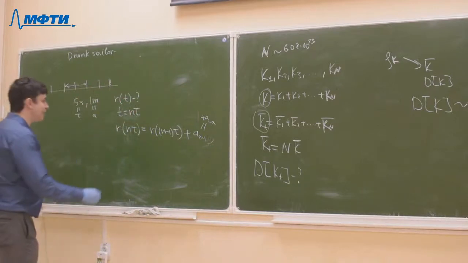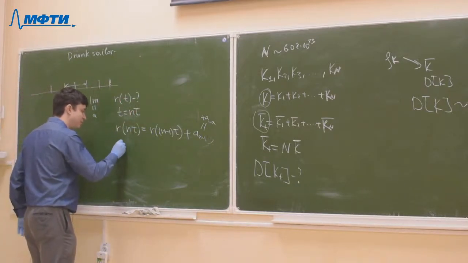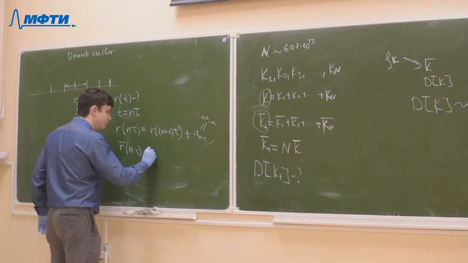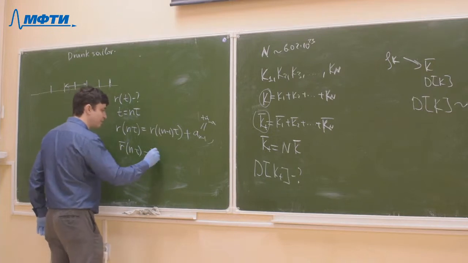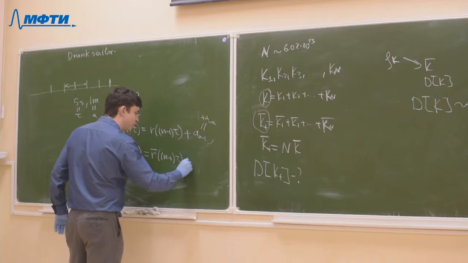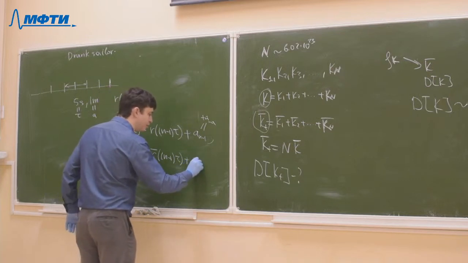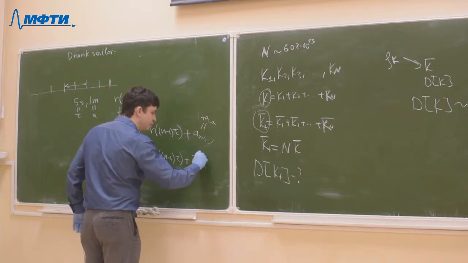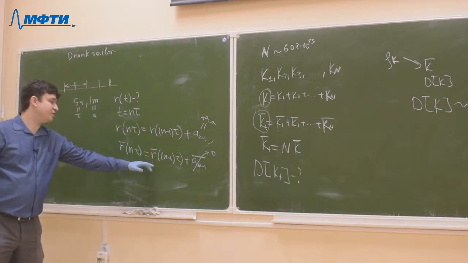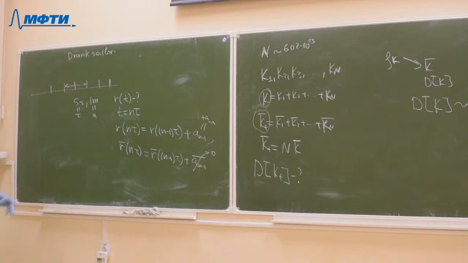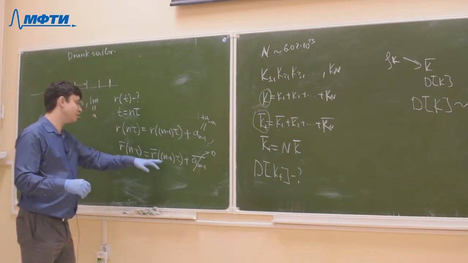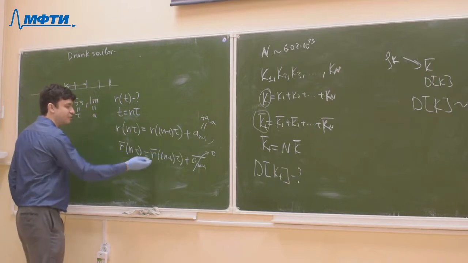So if we take the average of this expression, we get the following. The average of r(n tau) is equal to the average of r((n-1) tau) plus the average of a_{n-1}, and this value is 0. So the average displacement of the sailor from the bar is 0, and it is equal at each of these moments of time.